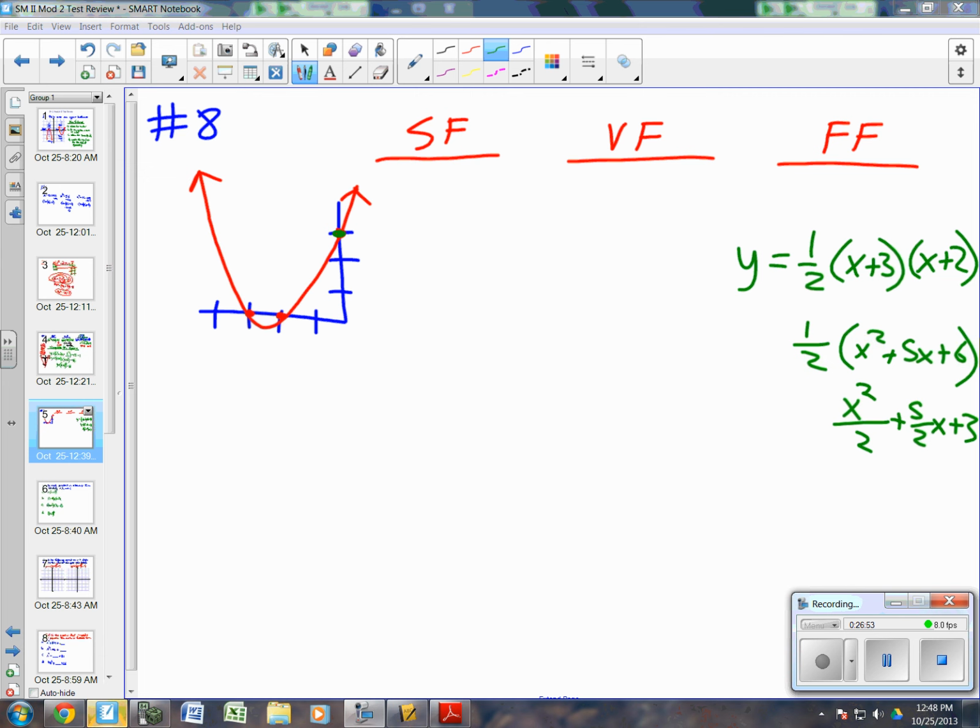So there's my standard form. y equals x squared divided by 2 plus 5/2 x plus 3. Do you guys understand how we got that? Multiply x plus 3 times x plus 2. This is what you get, right? And then since we had a coefficient of 1/2, you times each thing by 1/2. 1/2 of x squared is x squared over 2. 1/2 times 5x is 5/2 times x. And 1/2 times 6 is 3.